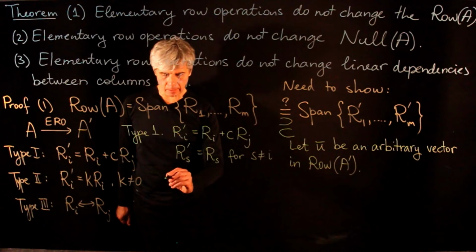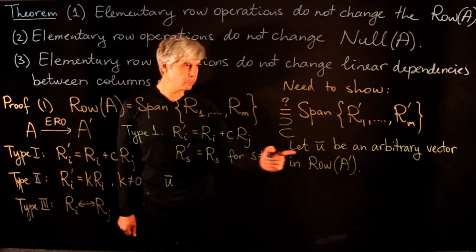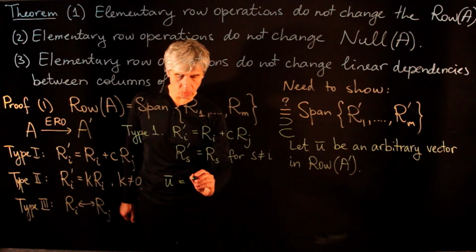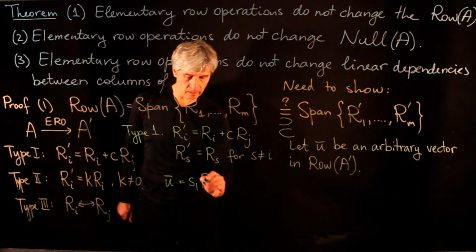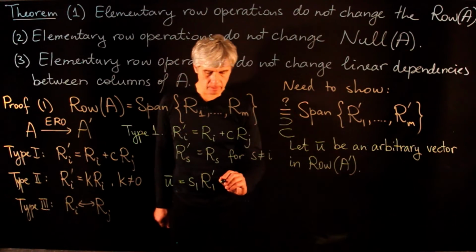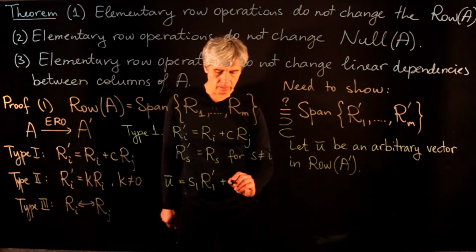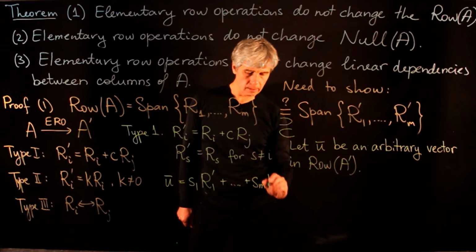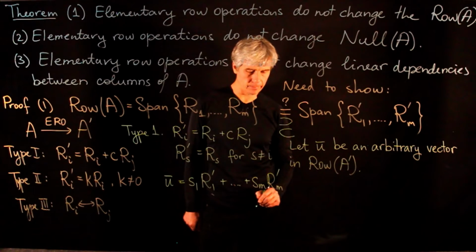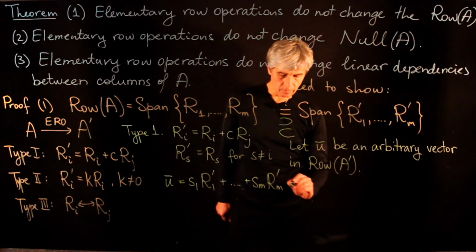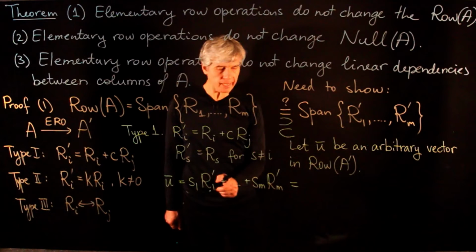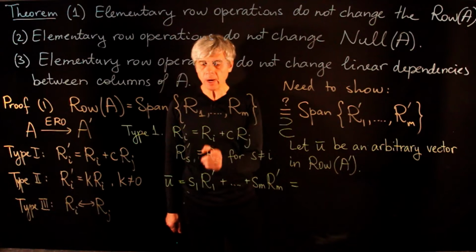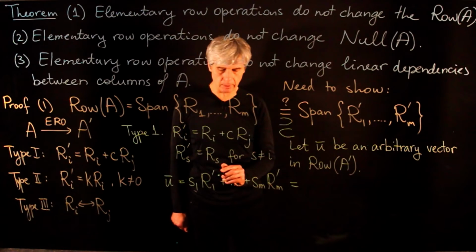This means that U is a linear combination of the rows of A prime, so we can write U as S1 R1 prime plus dot dot dot plus SM Rm prime. All rows of the new matrix except for row number I are the same as the rows of the old matrix.